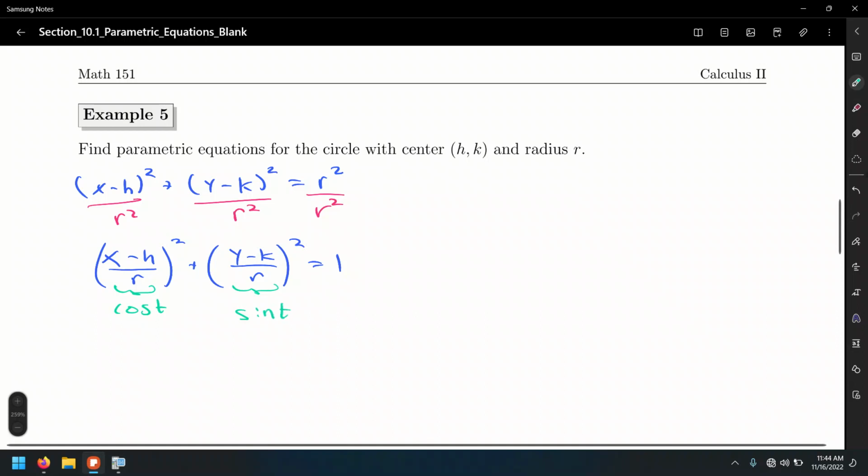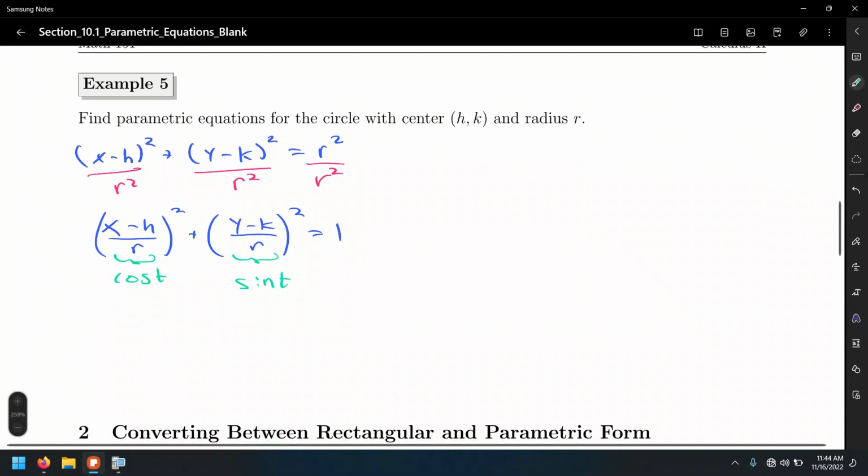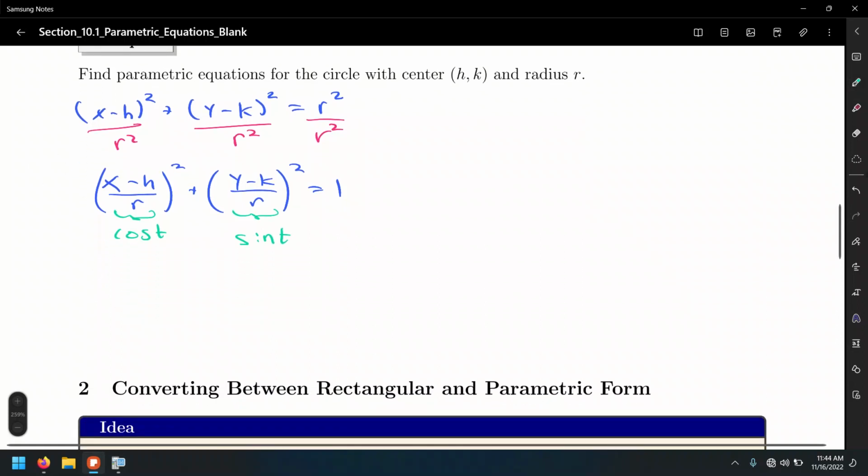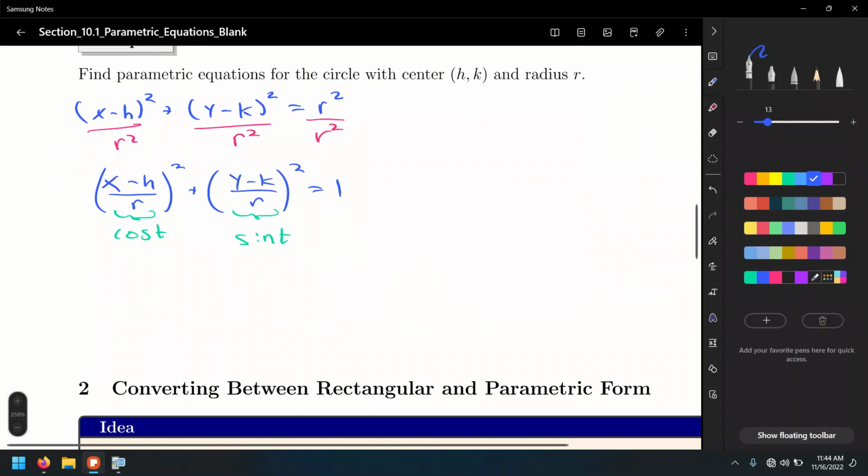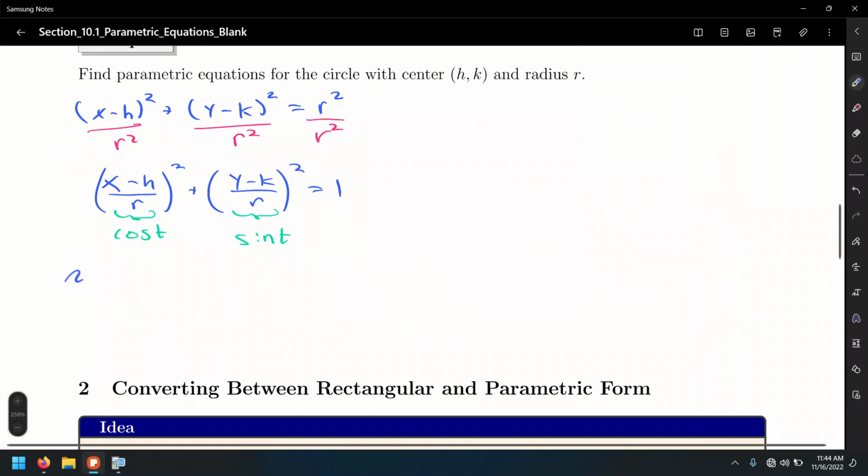Of course, you can do the same by reversing the order and get the clockwise orientation here. So from here, we're going to set two equations: (x minus h) over r equals cosine t, and (y minus k) over r equals sine t.